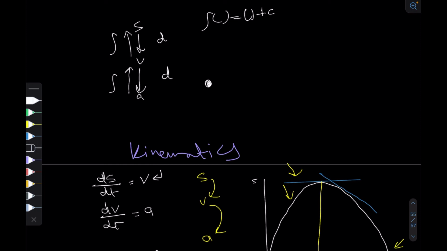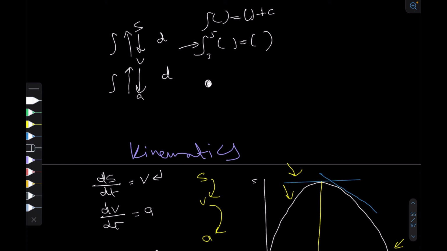Now, if we integrate with some limit, let's say 3 to 5, we don't have to put a plus c, because what this will really do is tell us how much the displacement changed between the time 3 to 5, right?